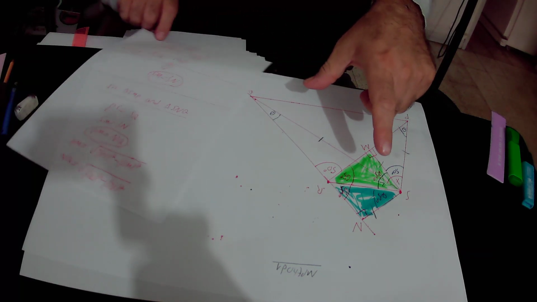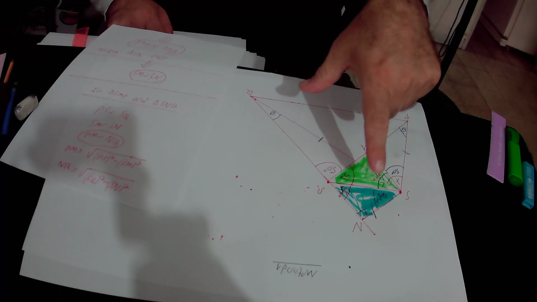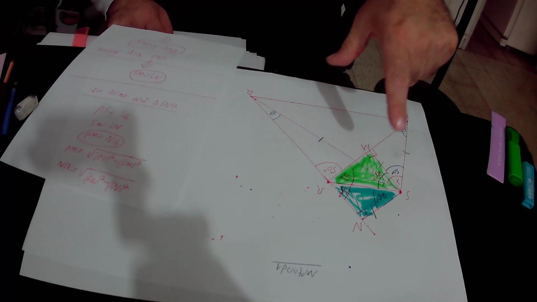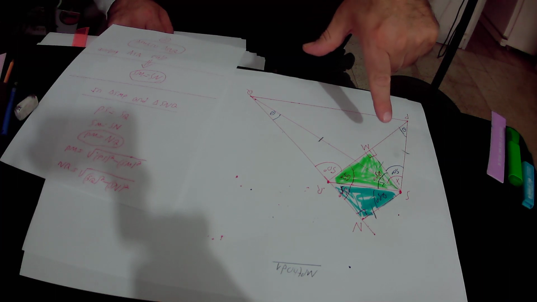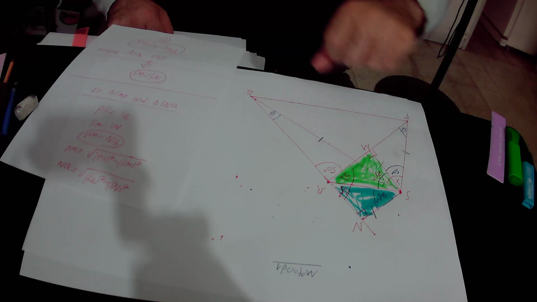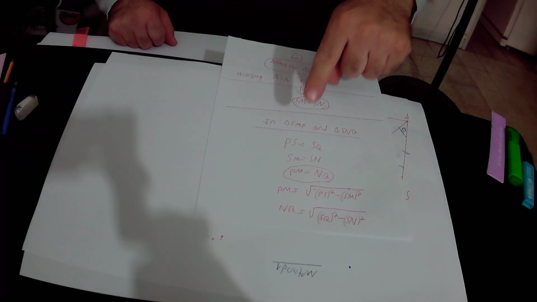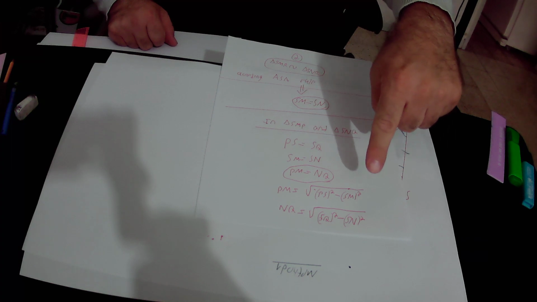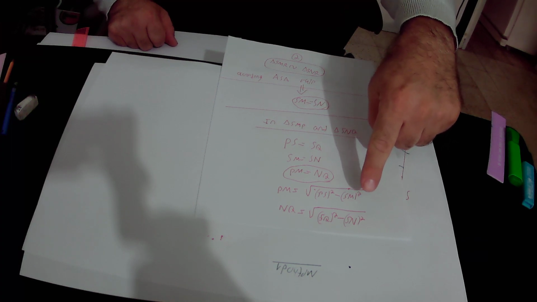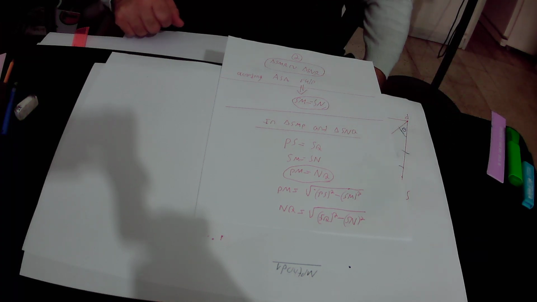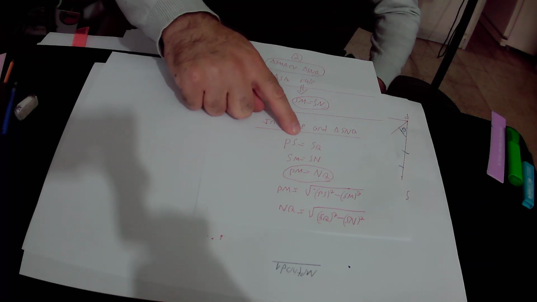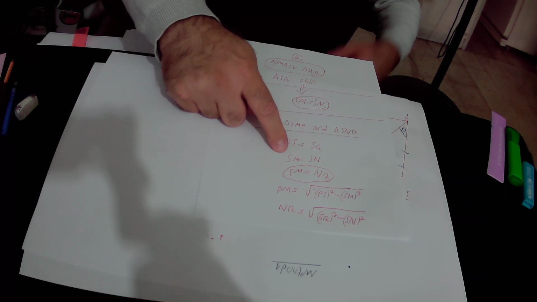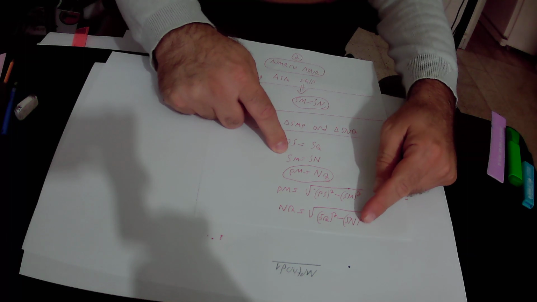And what is the value of NQ in the right triangle SNQ? NQ will be equal to the root of SQ square minus SN square. But we know that PS equals QS. It is given in the question, and we also proved that SM equals SN.